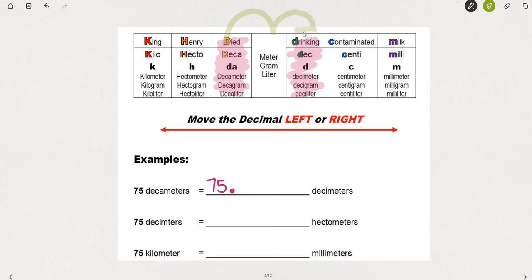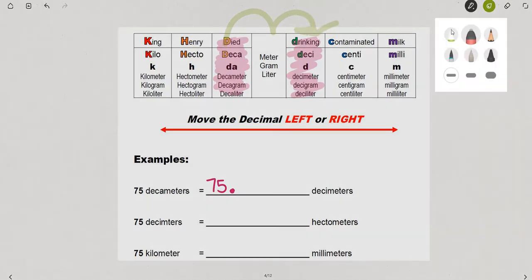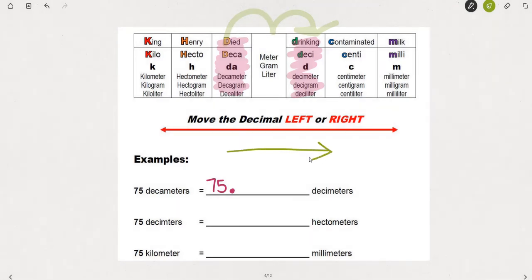It's 1, 2. So to go from a decameter to a decimeter, we're going to move 2 units to the right. The decimal is going to move 2 places to the right.